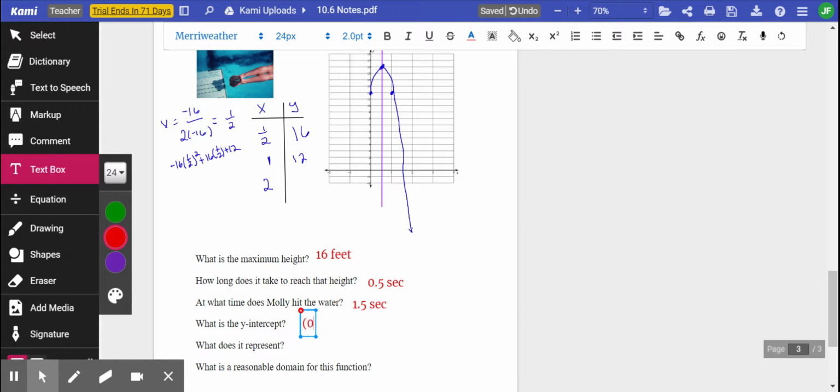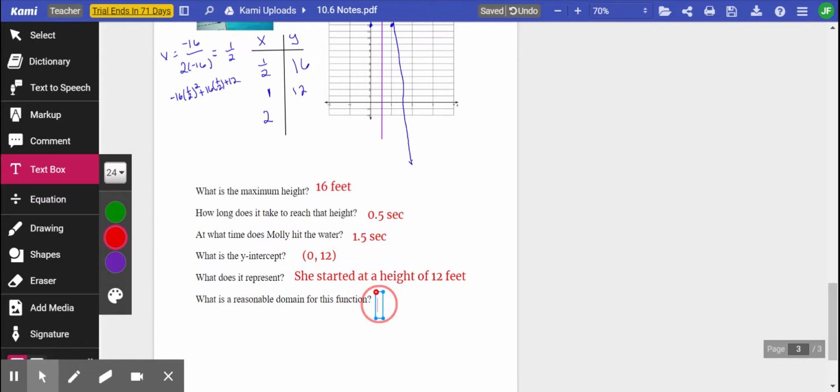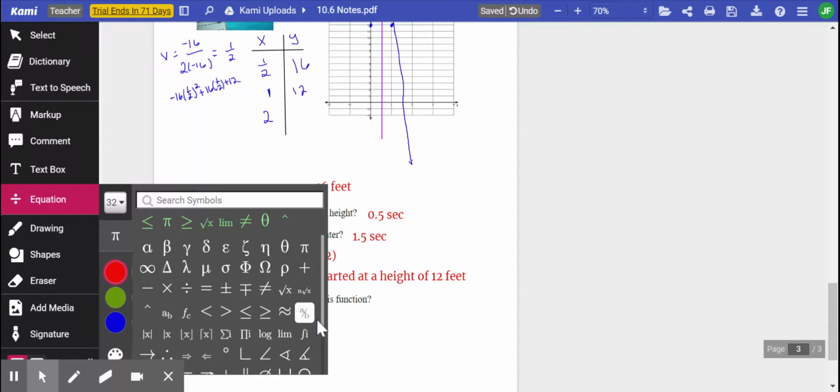My y-intercept is the point 0, 12, and that is her starting height. And then the domain is going to go from 0, because we can't have negative time, to, we'll say 1.5 this time.